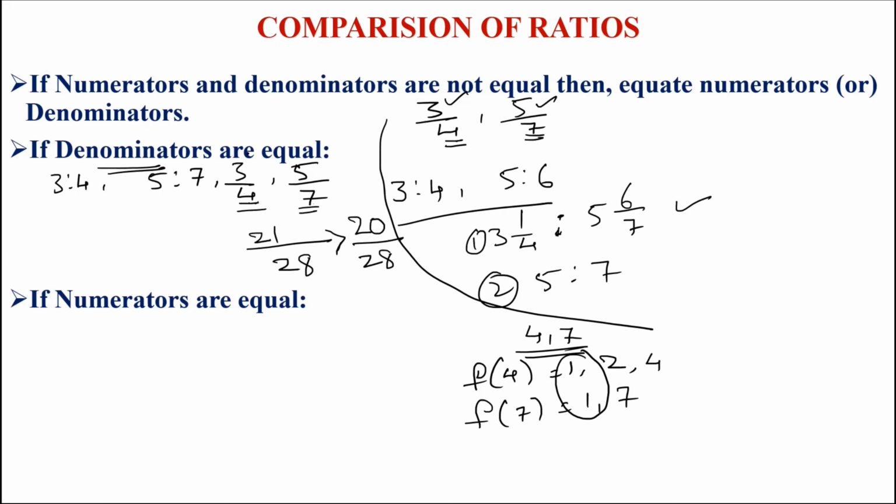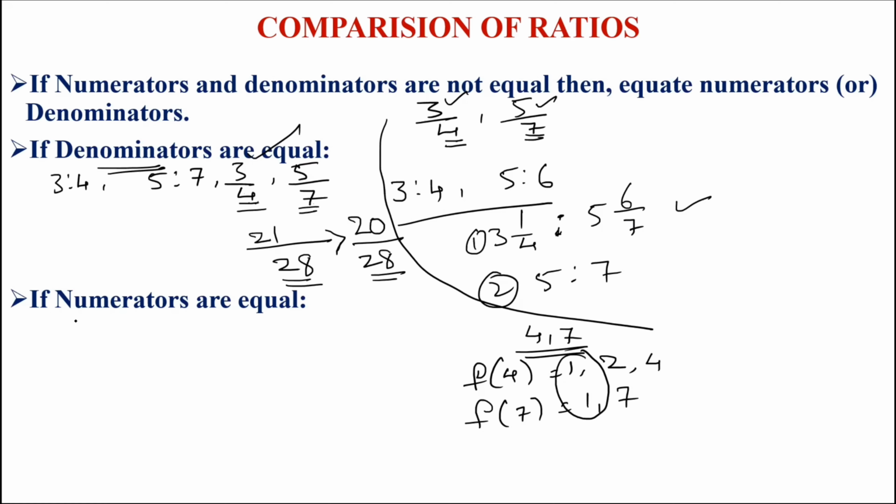So 3 by 4 is greater than 5 by 7. First take the LCM, then equate the denominators, then compare the numerators. The highest value is the greatest fraction or ratio.